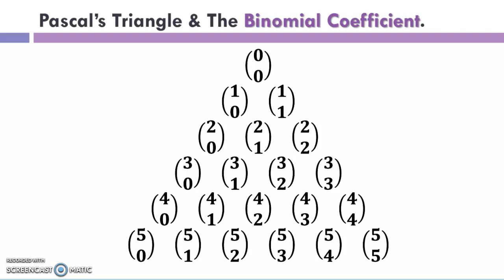Let's look at it: 1, 1, 1, 1, 2, 1, 1, 3, 3, 1. You can see that pattern, etc. So we're going to use the binomial coefficients and talk about the binomial theorem, which we'll do in another video.